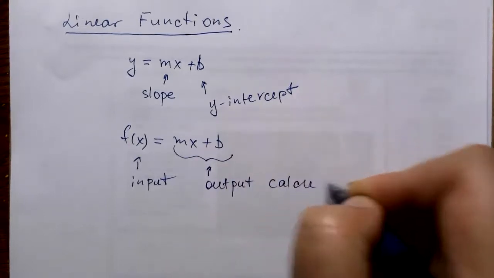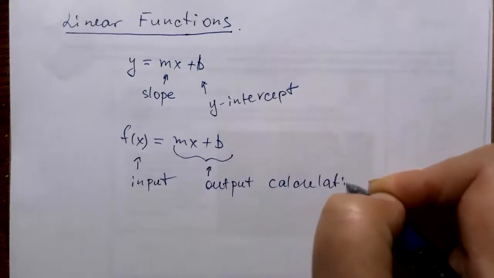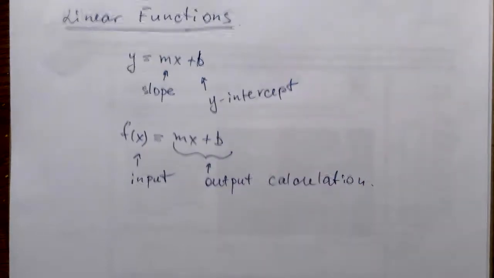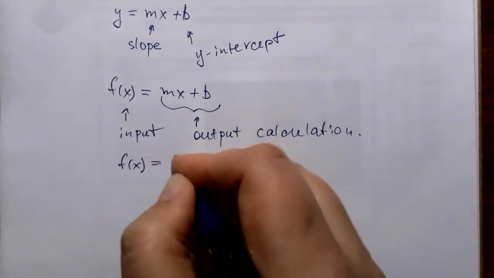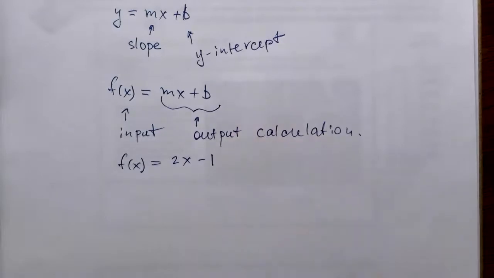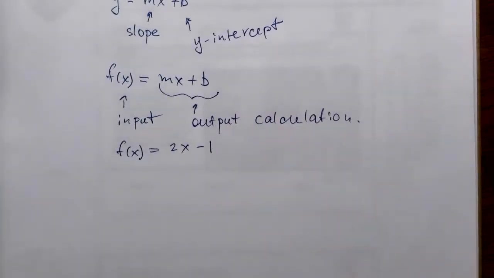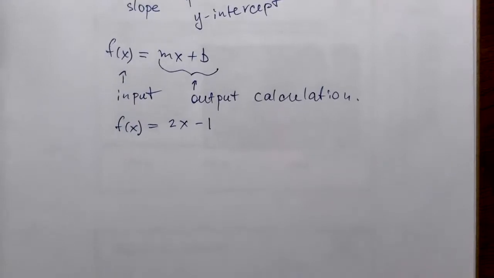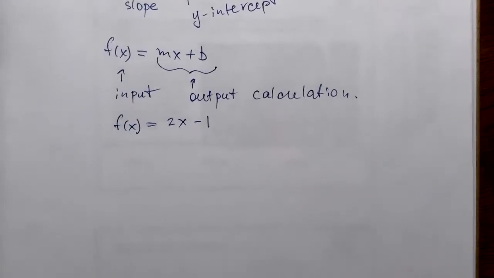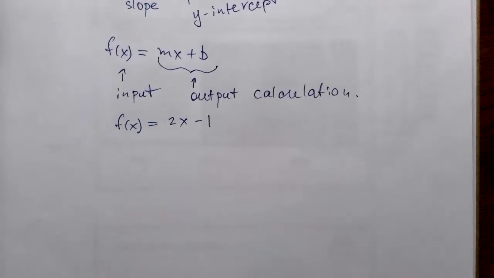Let me give you an example. Let's say we have f of x equals 2x minus 1. How would you graph it? Well, if we knew nothing about what this might look like, and this applies to any function that you don't know what it looks like, what you do is you create a table of values.